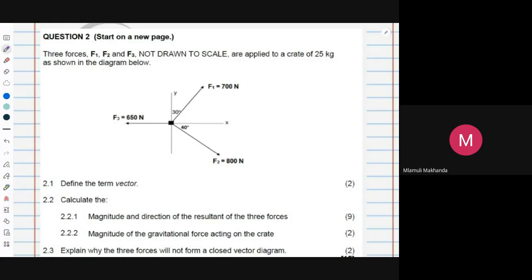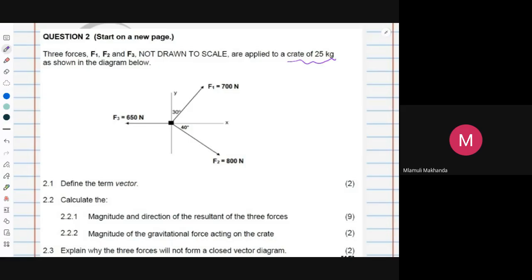It's like if you take a table and put your phone, your mouse, your laptop on it, those things are coplanar because they are in the same plane, which is that table. It's the same thing happening with these forces. This can be confusing: you might start looking for the 25 kilogram crate, but it's actually a top view of this whole thing.